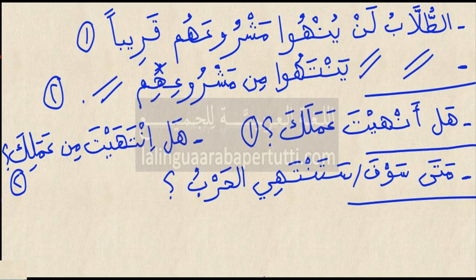You can find some mistakes in my language, not some, a lot, but I will try to be very clear. So, when you talk about the verb to finish with the meaning of get rid of, you don't use the first one, anha. You use the second one, intaha min, because intaha min has the meaning of to get rid of someone or of something. So the sentence will be like this.